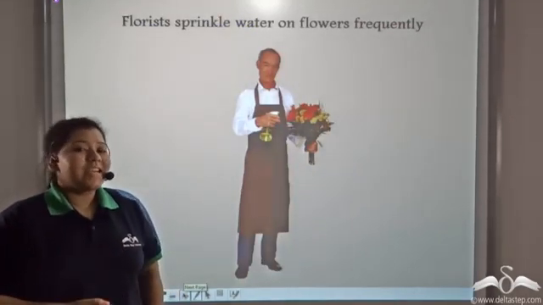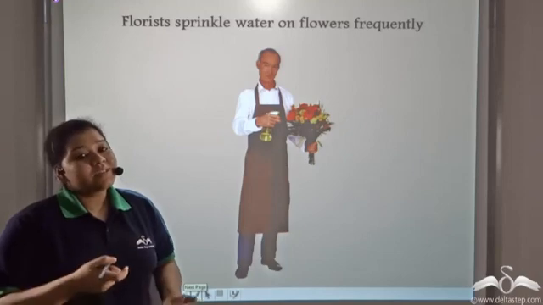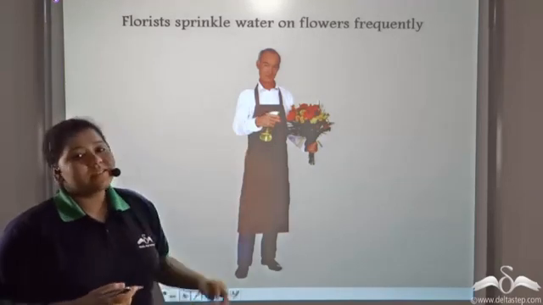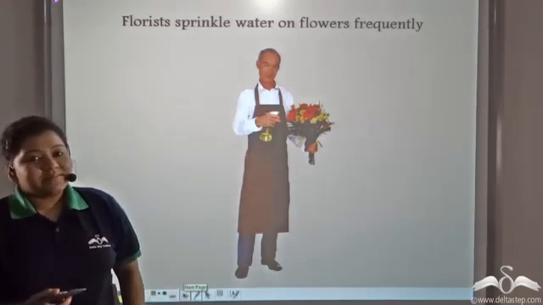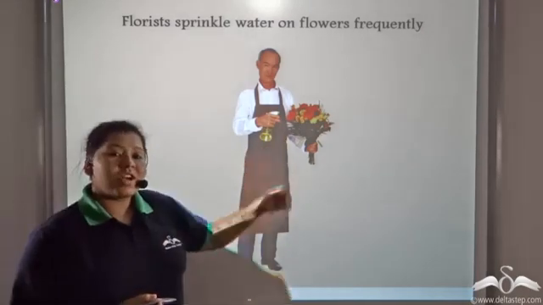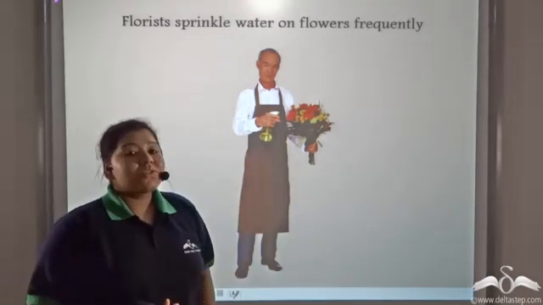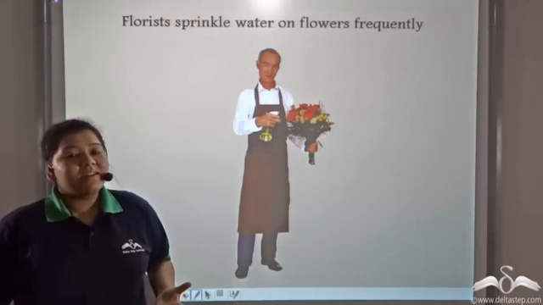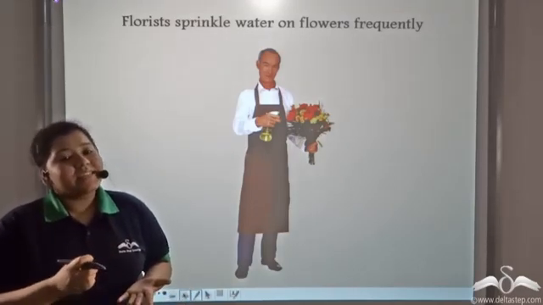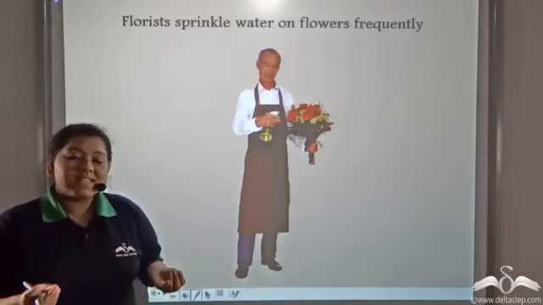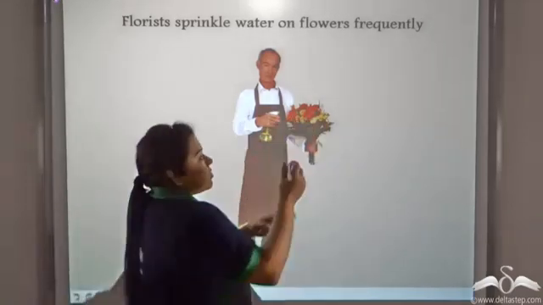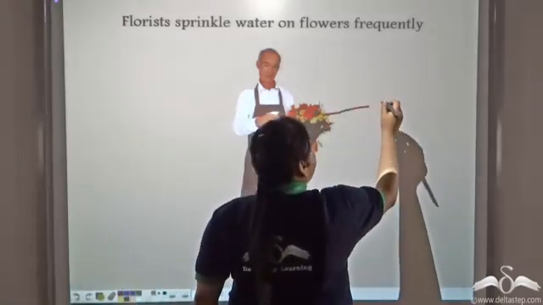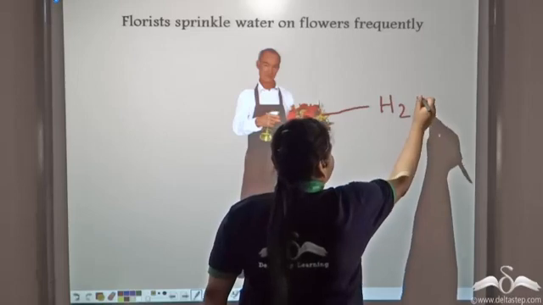So now you can tell me why florists sprinkle water on flowers very frequently. Because flowers transpire as well. So when flowers transpire, the cells present in the flower will have less water concentration. So these flowers, after transpiration, will have less water.